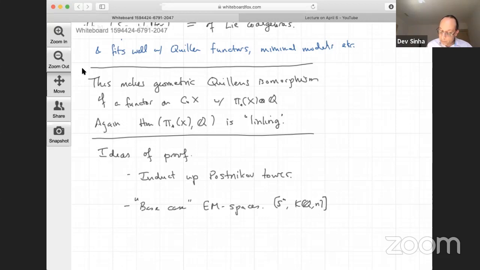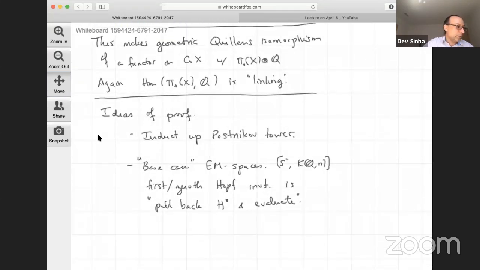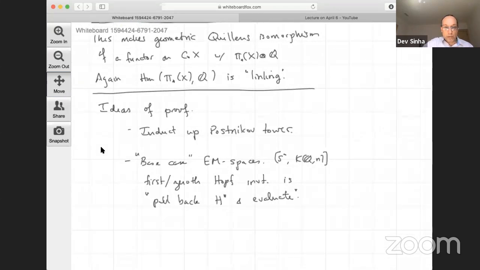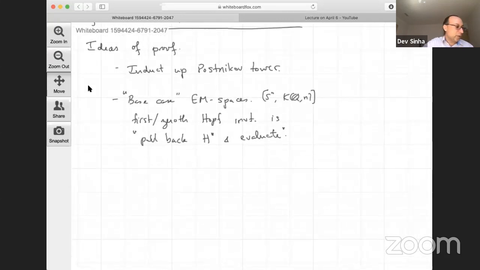The first, or 0th, Hopf invariant is basically pull back cohomology and evaluate. Everything else is derived from that. So these are really derivations of the Hurewicz image, and I'll probably say more about that next time. So the base case is extremely simple. It's exactly what you would expect for Eilenberg-MacLane spaces.